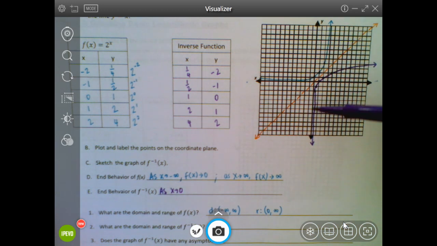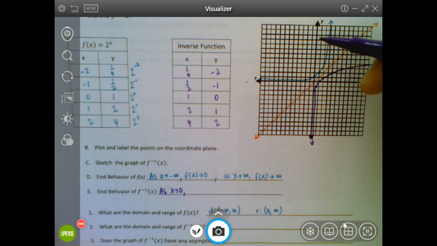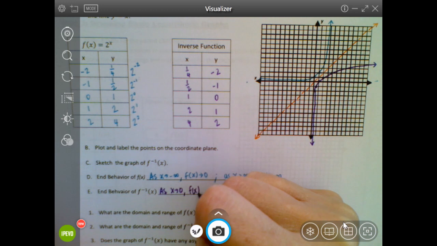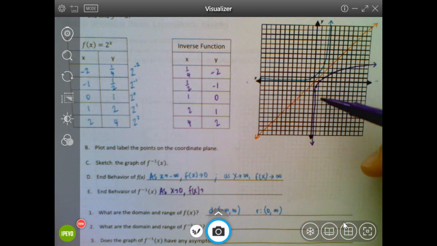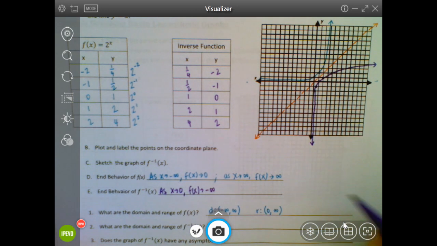And again, this is 0 because that's where the x values are 0. And I want to know, as x is approaching this line, what is my f of x doing? Well, my f of x, or my graph, is going downwards. So if we're going downwards, another way that we can write this is f of x is approaching -infinity. Well, what are we doing on our other end?